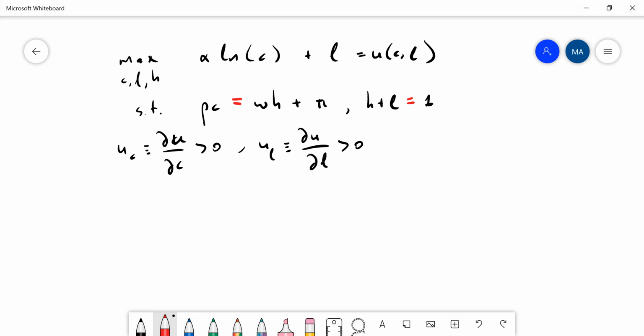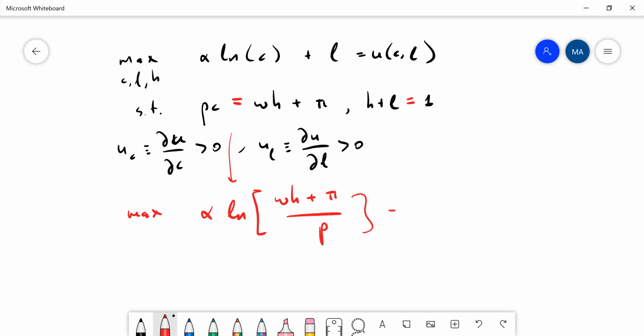So if that's true, I can write the utility function in this way. Maximize alpha, the natural logarithm of consumption. Now, consumption is this, from this constraint.